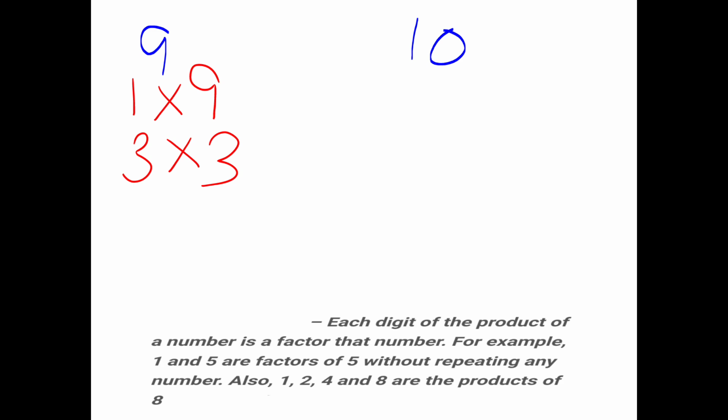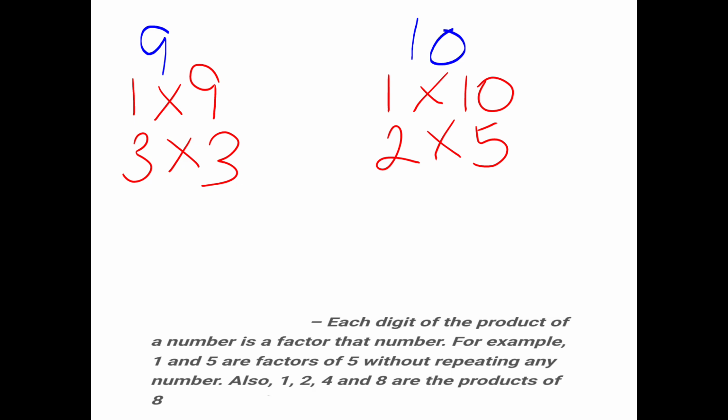Let's express 10. What do we have? We have 1 multiplied by 10. Very good. We also have what? 2 multiplied by 5. Great. And I can also say 5 multiplied by 2, which is the same thing as saying 2 multiplied by 5. And also 10 multiplied by 1. Do you agree? Very good.